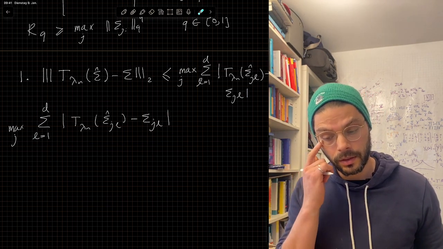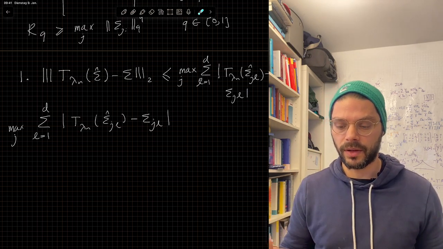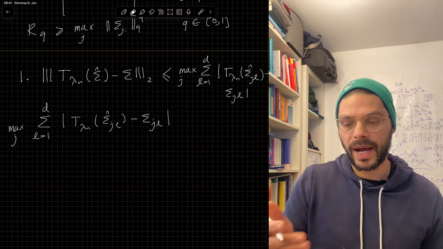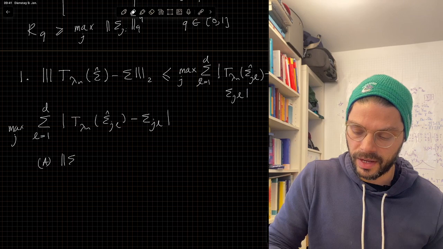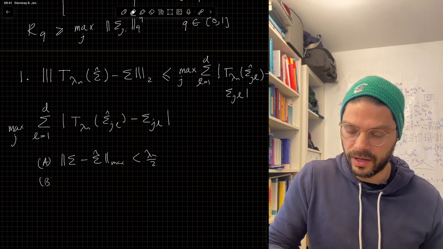The way we're going to deal with this is to bring in the two facts that we know. First, we're given that the maximum differences are less than lambda n over 2, and we're also given that we're doing this thresholding.